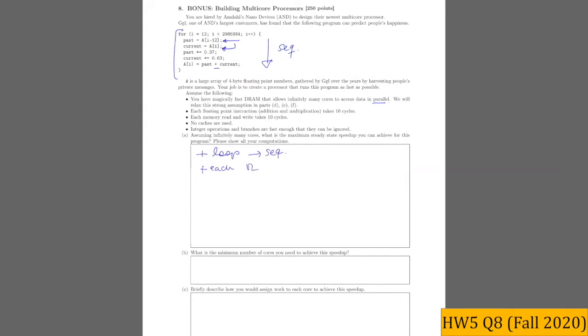Each 12 consecutive iterations can be executed in parallel, and the reason is the data dependency that exists between the first and 13th iteration. Therefore, we need to use Amdahl's law in order to find out what we can achieve by parallelism.